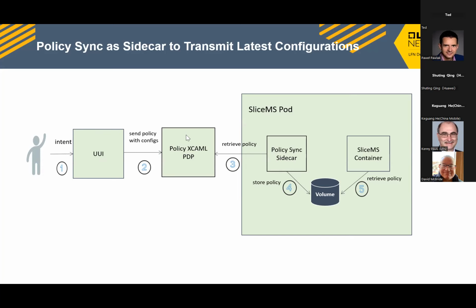Once it's running in the PDP engine, the policy sync will keep sending a thread to the PDP all the time in order to get notified once there is something updated in the PDP engine. Once it retrieves the latest configuration, it will store it to the volume.